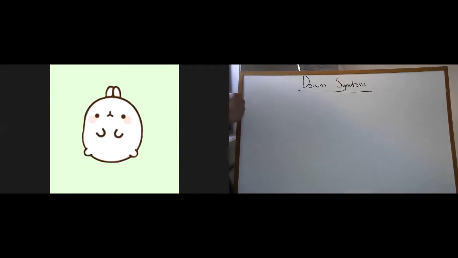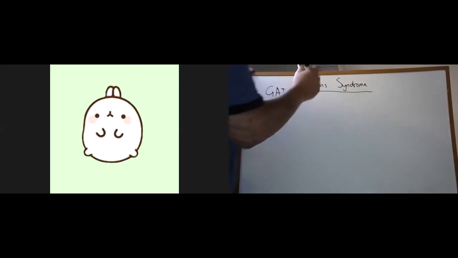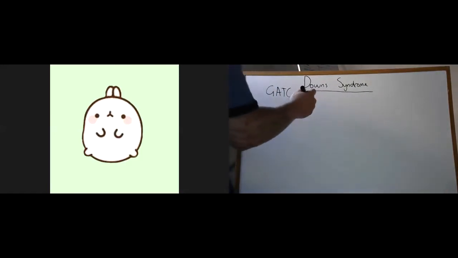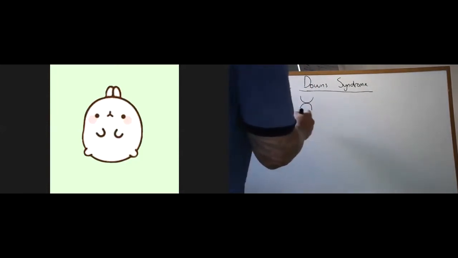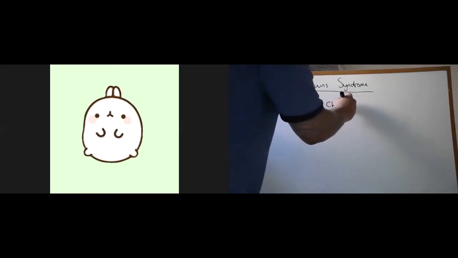All of the DNA, this GATC code, isn't just floating around. It's not just floating about willy-nilly in space. It's stored in these things, something like this, obviously my artistic skill, and they're called chromosomes.